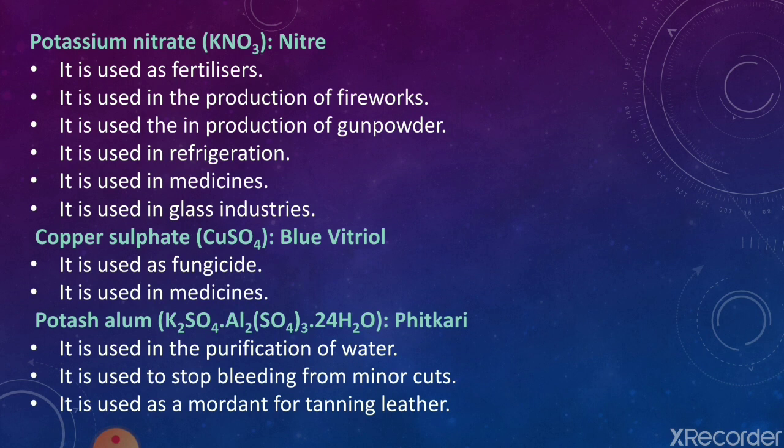You have all seen that the gents at home use fitkari when they shave. Then it is used as a mordant for tanning leather. Tanning leather means when dyeing or coloring of leather is done, it is used as a fixative agent which fixes the color on leather.